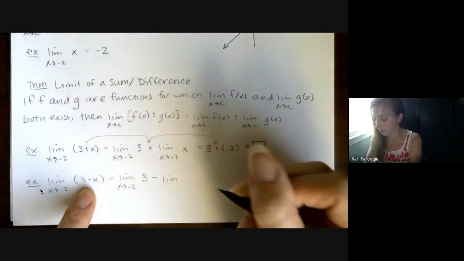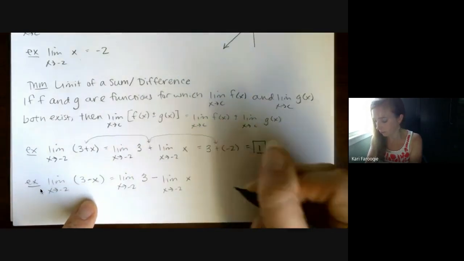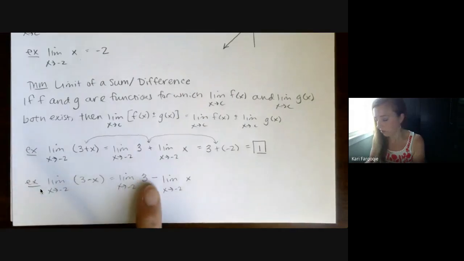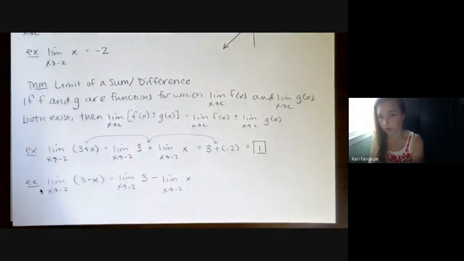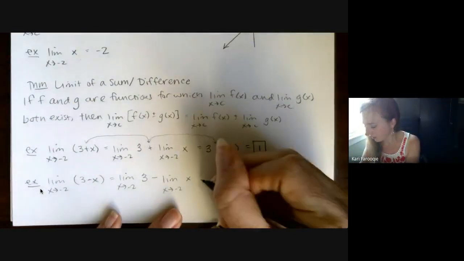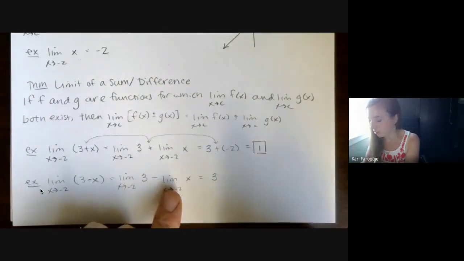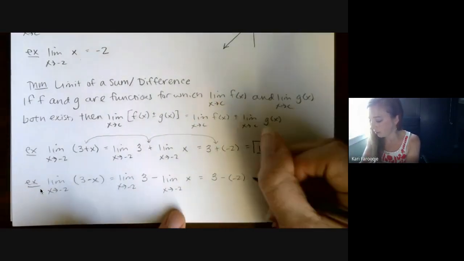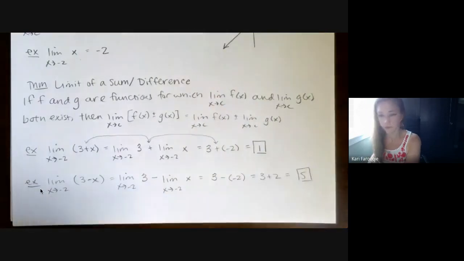And instead of taking the limit of the difference, take the difference of the limits. So when you apply the minus sign, that sign stays, and then you just leave the x alone. You don't say it's -x. I mean, I guess technically, well, we don't really have a theorem for that yet, so do that anyway. The limit of a constant is the constant itself. The limit of your identity function is whatever value x is approaching. 3 plus 2 is 5.